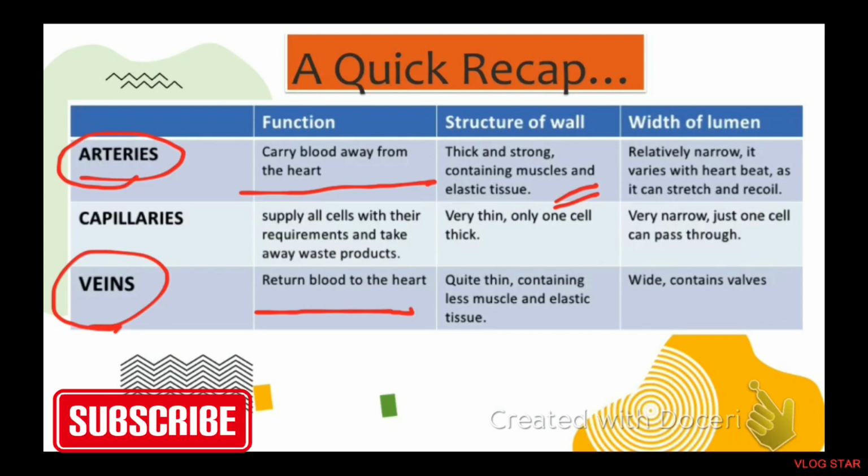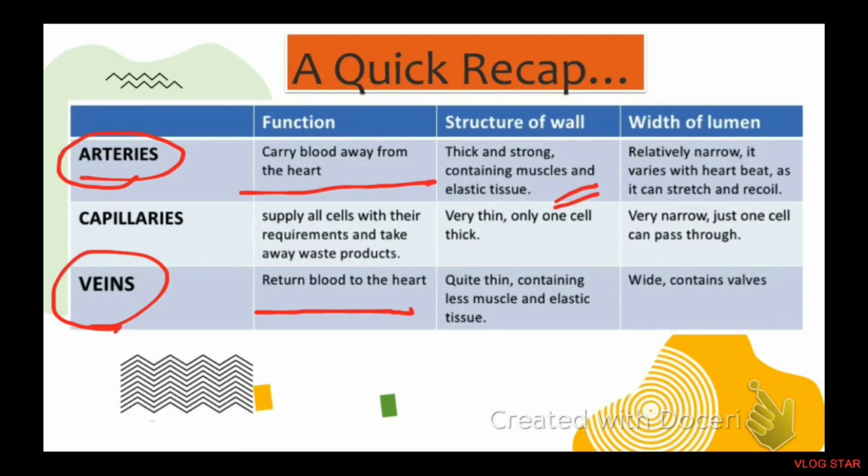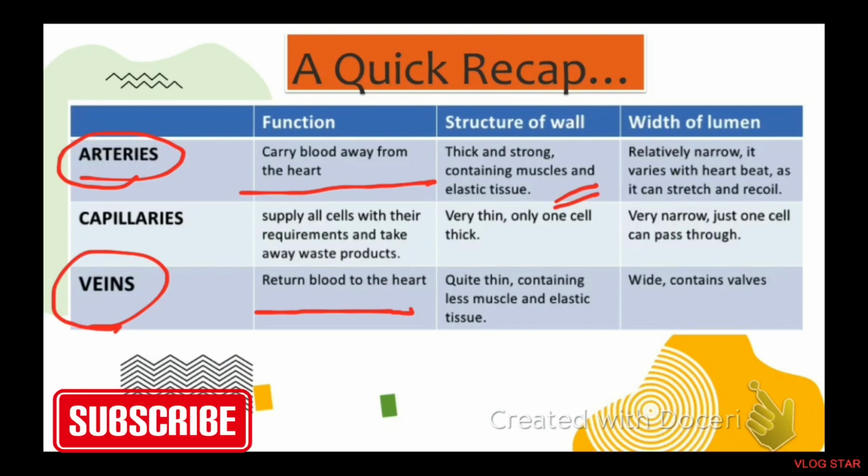Whereas the veins, which is going to return the blood to the heart, so that means the blood is comparatively going to be at a lower pressure. So hence the walls of the veins are also thin and much less elastic. And so is the width of the arteries, which is going to be narrow, whereas the width of the veins is going to be wide and it is going to contain valves.